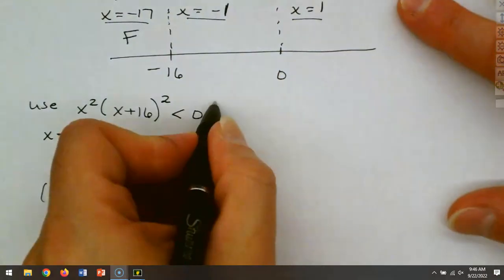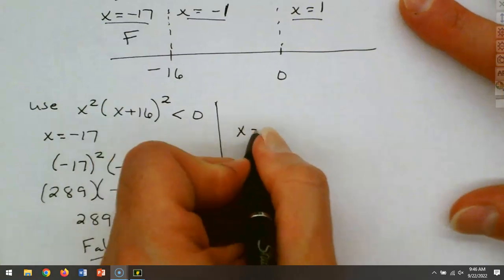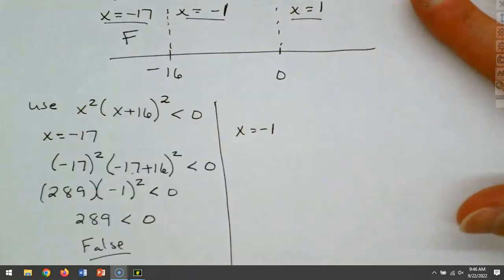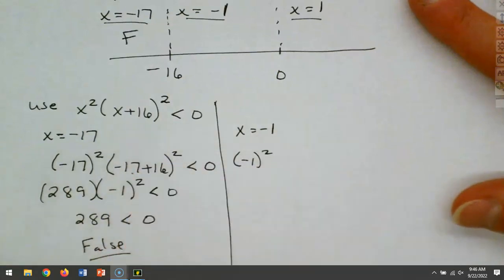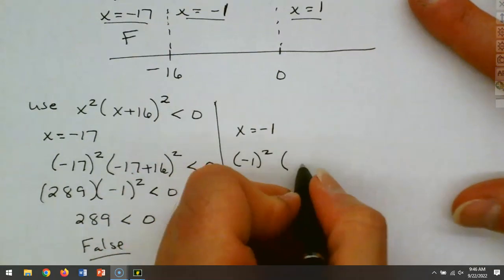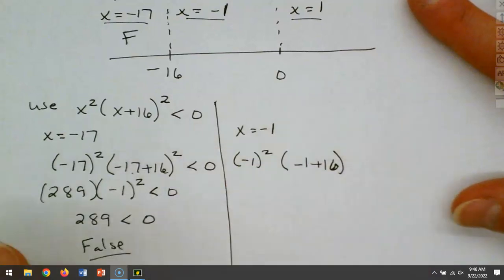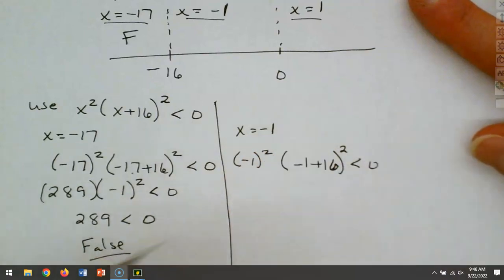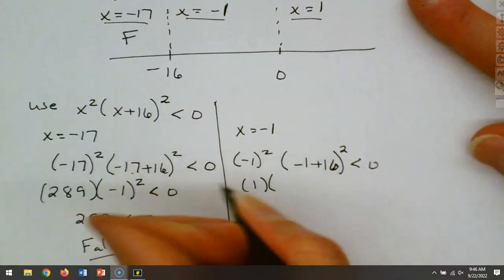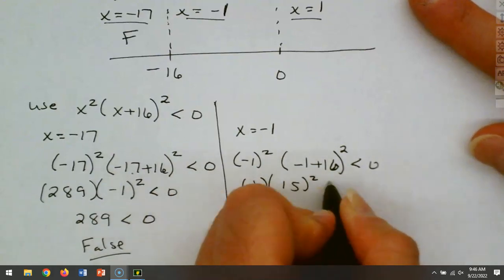Okay. What about the next one? The next one we're going to use is negative 1. So if I plug in negative 1, I have negative 1 squared times (negative 1 plus 16) squared. Negative 1 squared is 1, right? Negative 1 plus 16, that's 15 squared.